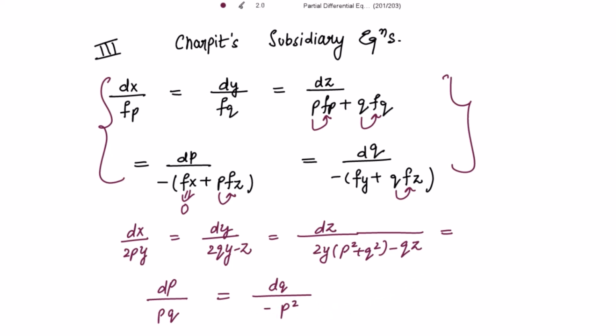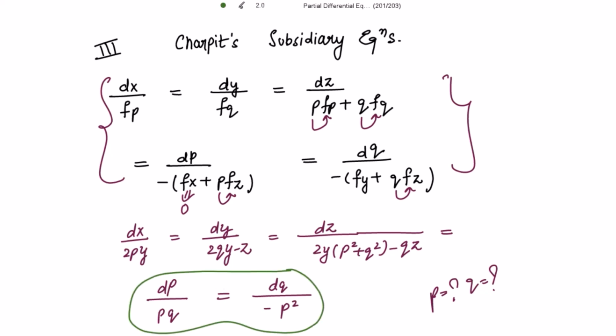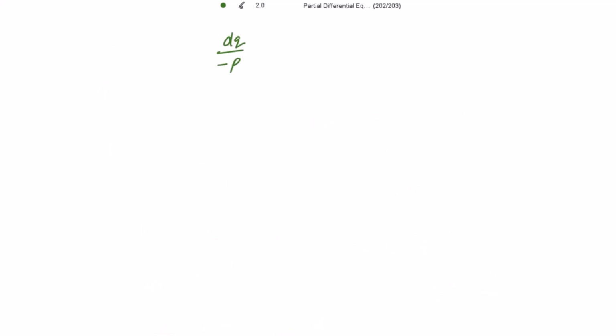Now we need to choose the ratios for which we can get the value of p, q, or the relation between these two. So which ratio is easier to solve? We need to choose two ratios. Let me take these two ratios because in the denominator I am having p common, so I am cancelling these two and we have p dp equal to minus q dq, or p dp plus q dq equals 0.